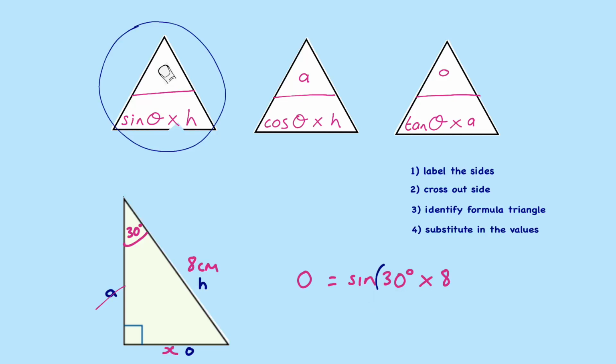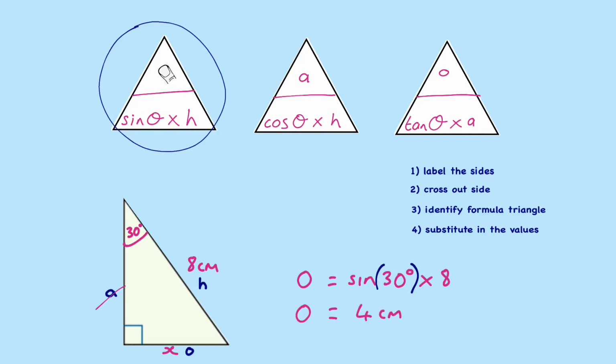If this happens, make sure you close the bracket. Now if you didn't close the bracket, the calculator would have done the function sin of 30 times 8, whereas we want the function sin of just the 30 degree angle. So you press the sin button on the calculator, type in 30, if it opens a bracket, make sure you close the brackets, and then you multiply by 8, and that will give you the answer of 4 centimeters.